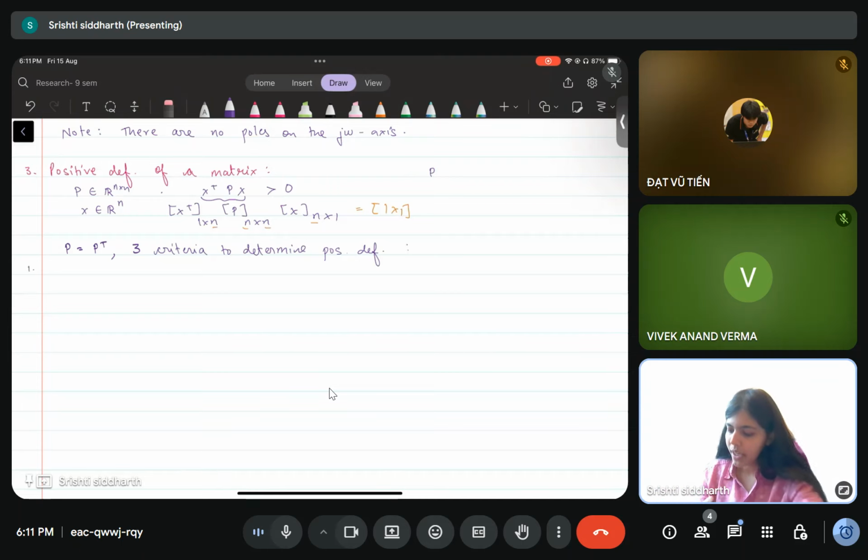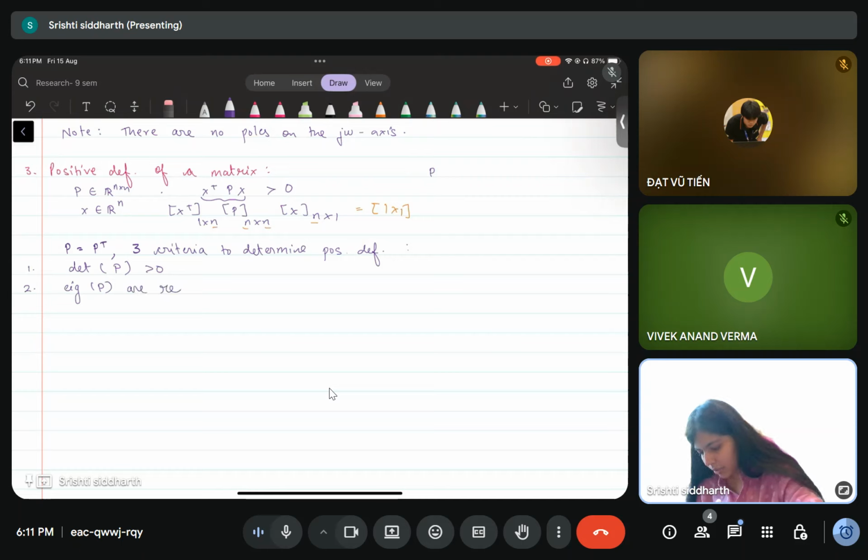So instead of checking for every n by 1 vector, what we can do is determine its determinant. If this is greater than 0, then the matrix is positive definite. If the eigenvalues of P are real and positive, the symmetric matrix P is positive definite.